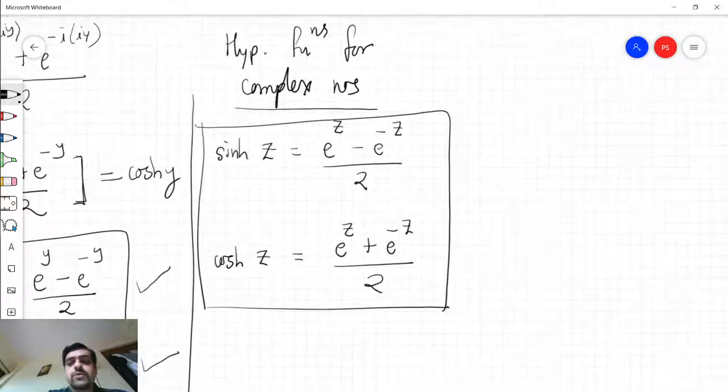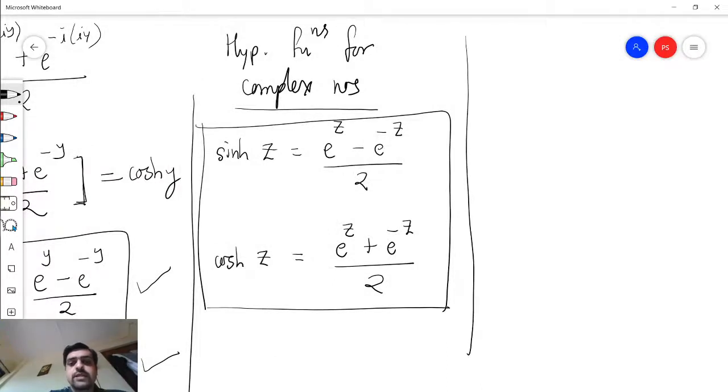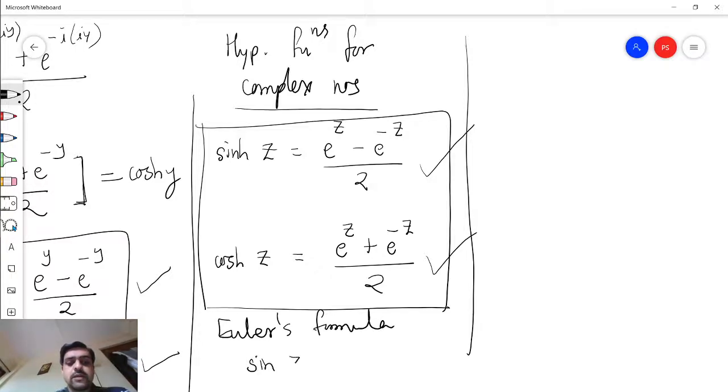We are going to regularly use these two formulae while solving problems related to hyperbolic functions. Of course, along with these two, we have to remember the previous formulae, namely Euler's formula and the expressions for trigonometric functions involving complex numbers, which we already discussed in the previous lectures.